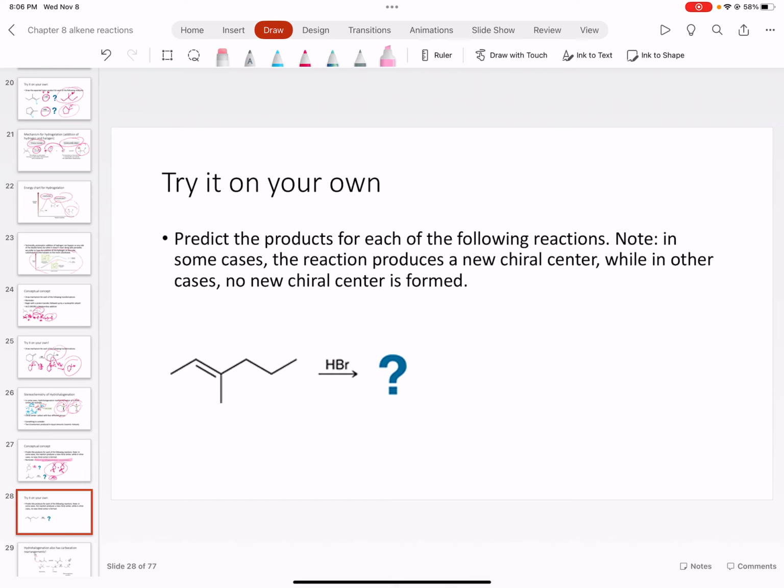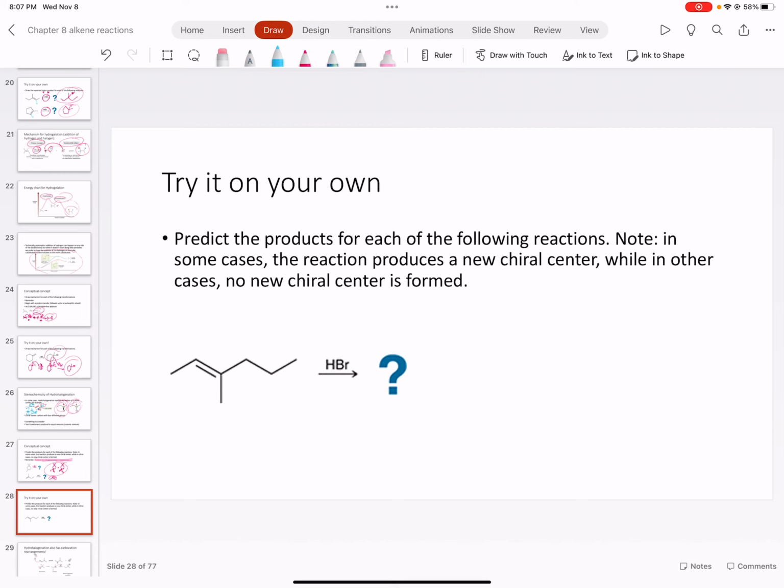If not chiral, we only get one product. And if we do HBr or HI or HCl with peroxides, we'll get anti-Markovnikov. So that's why I said let's do little notes, because there's a lot to remember.